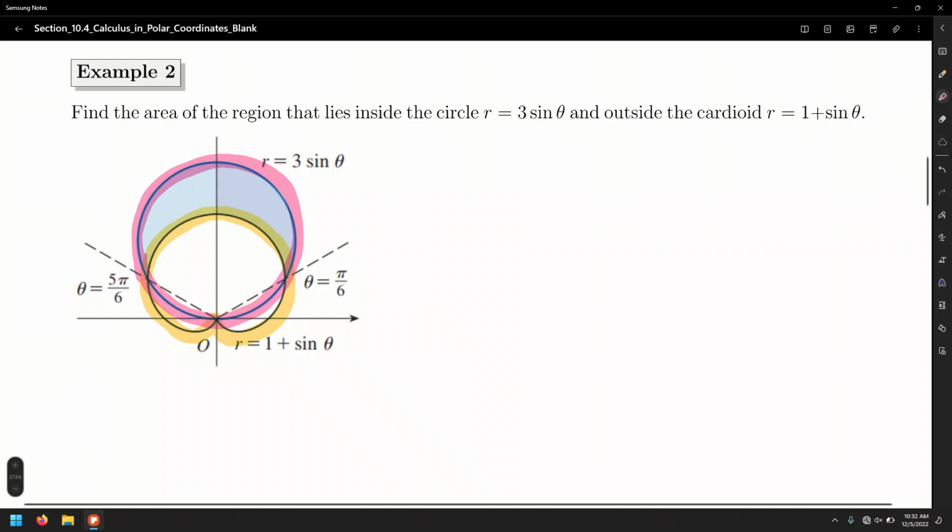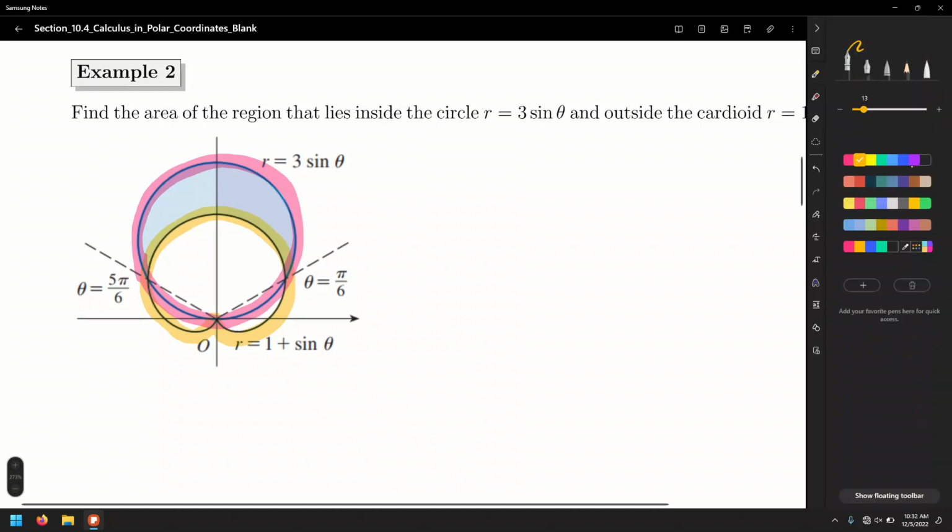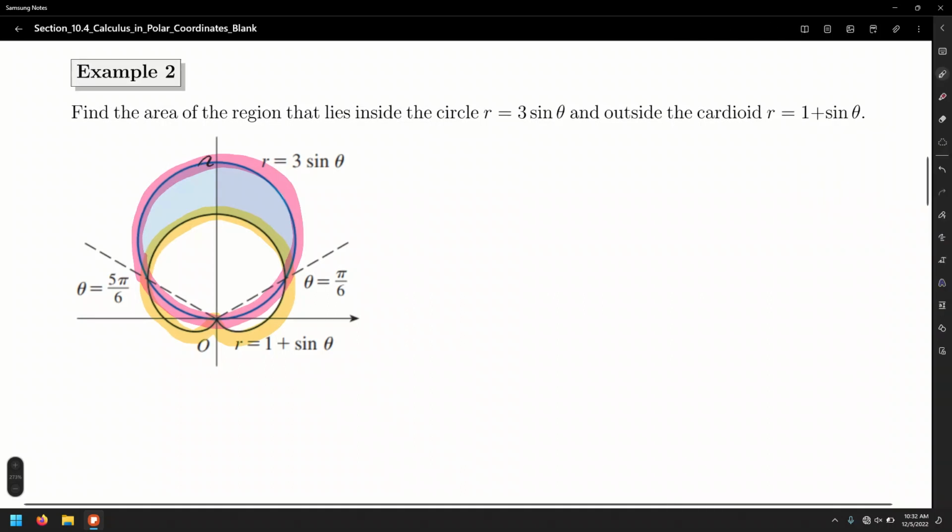Notice we're finding areas between curves, not an area under a curve. So for this one right here, we can use top minus bottom like we did back at the beginning of the semester when we did areas between curves. However, in the polar world, we don't call this top minus bottom.